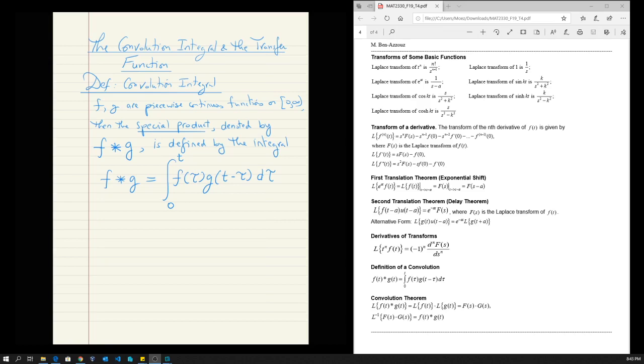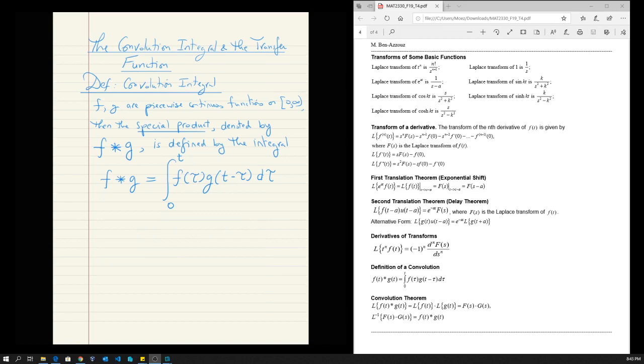Your book actually uses w, so they use f of w, g of t minus w, dw. Either way, they both mean exactly the same thing. So again, tau is just another variable.